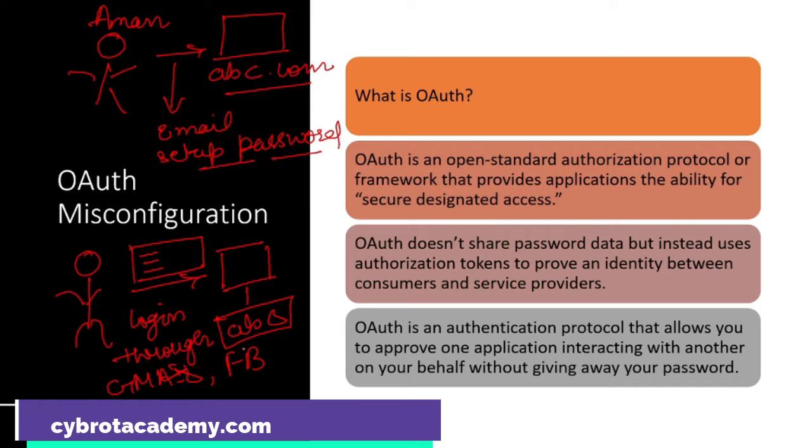And Aman doesn't need to give any of the details. Automatically Google will provide the name and every detail which is required and configured in the OAuth configuration part, right?